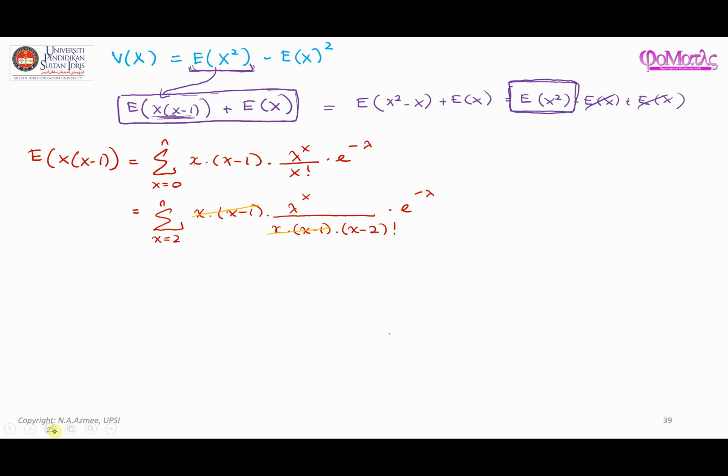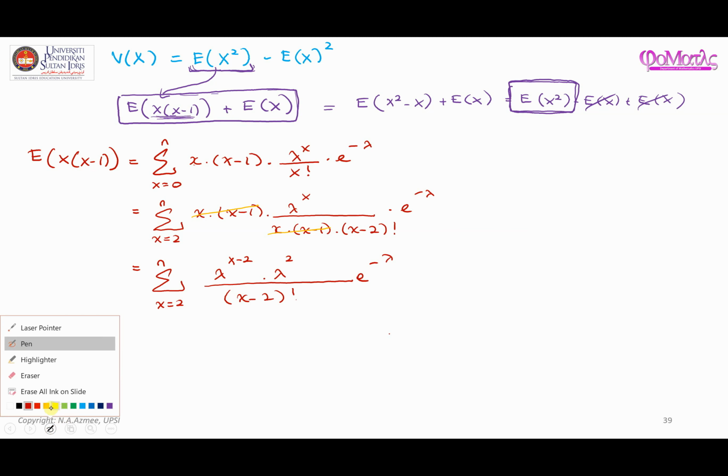Next, we're going to focus on making sure the X here has the same outlook as X minus 2. So we're going to write down the whole process as lambda to the power of X minus 2, and we need to make sure that we don't lose the original idea, which is lambda to the power of X, so it has to be multiplied with lambda squared. Here we've got X minus 2 factorial, e to the negative lambda.